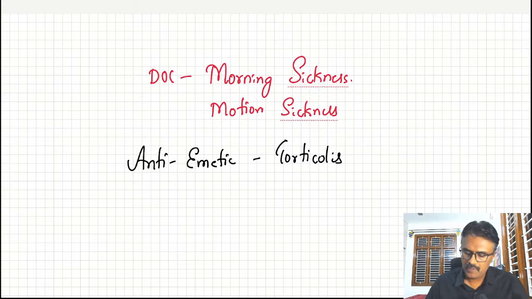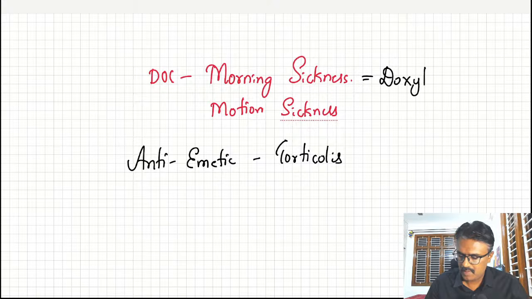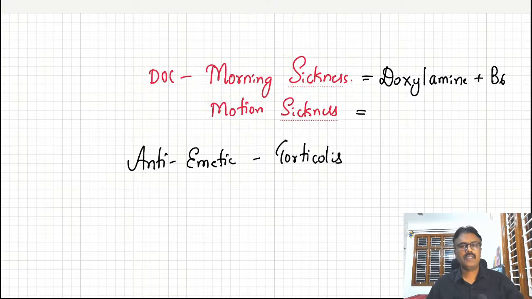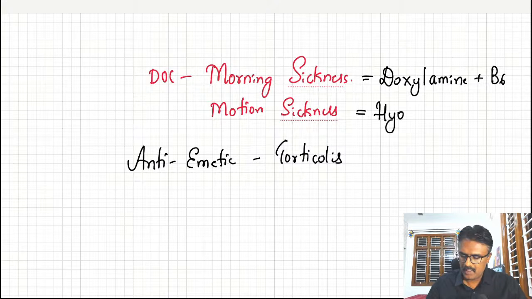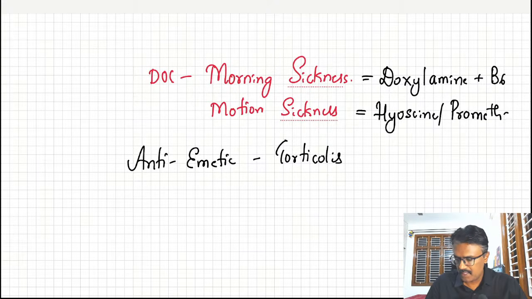The drug of choice for morning sickness is doxylamine with B6. Motion sickness is hyoscine. If not in the option, you can go for promethazine.